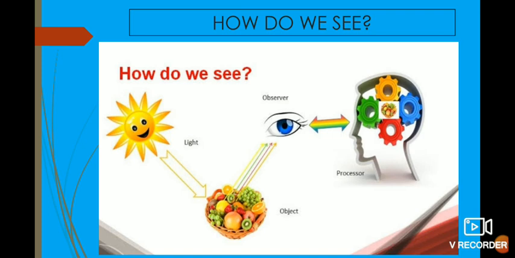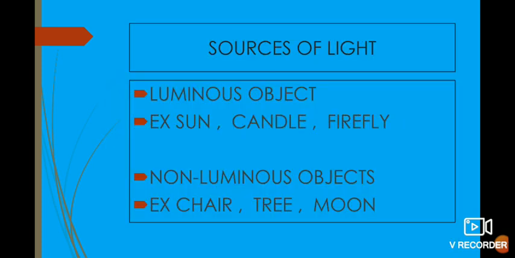This light which bounces out of the fruit basket, when it reaches our eyes, then we see things. Our eyes send a signal to our brain and we are able to see the fruit basket. This is how you see things, right?